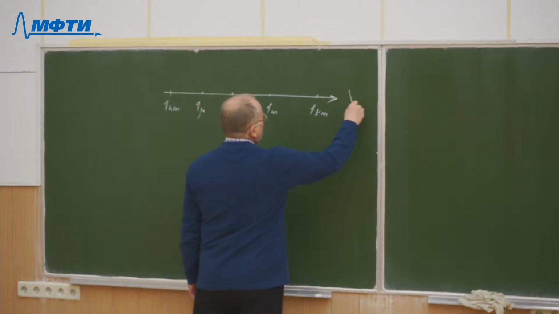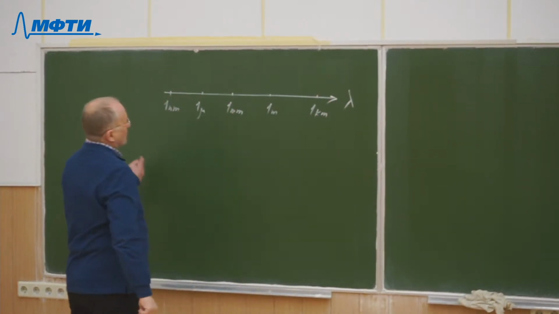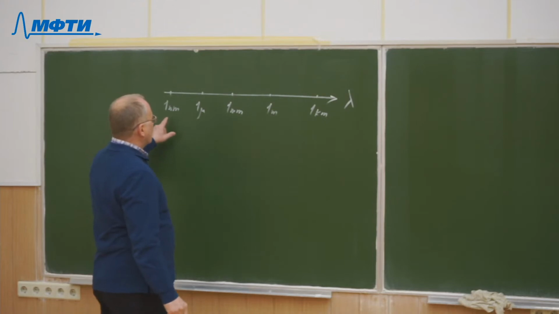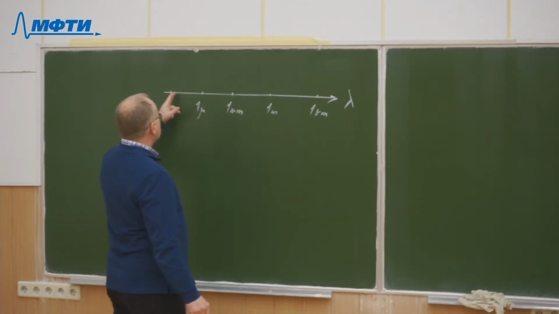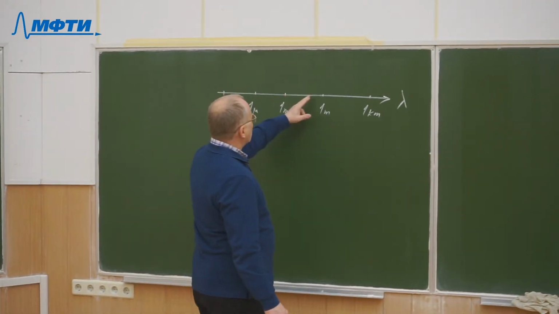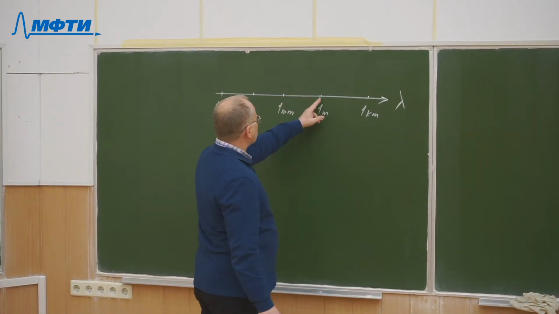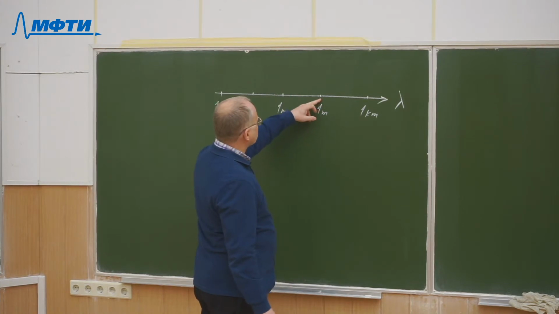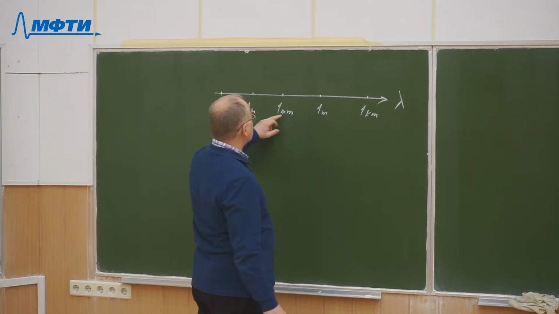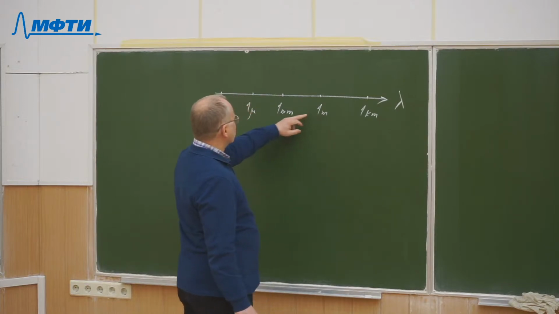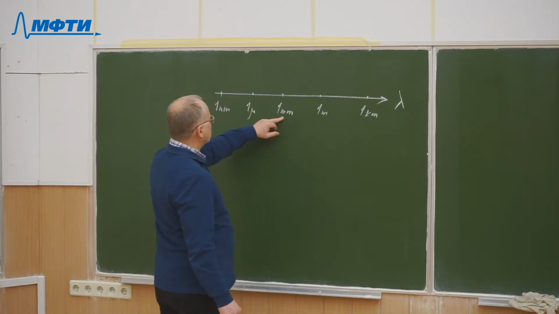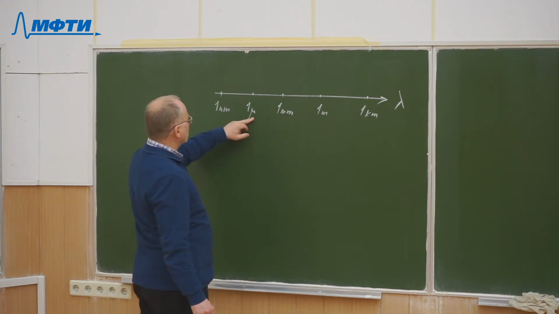So along this line I have shown different wavelengths in logarithmic scale. Each new point on this line refers to a wavelength 1000 times larger than the previous point. 1 meter is 1000 times larger than 1 millimeter, and 1 millimeter is 1000 times larger than 1 micron.